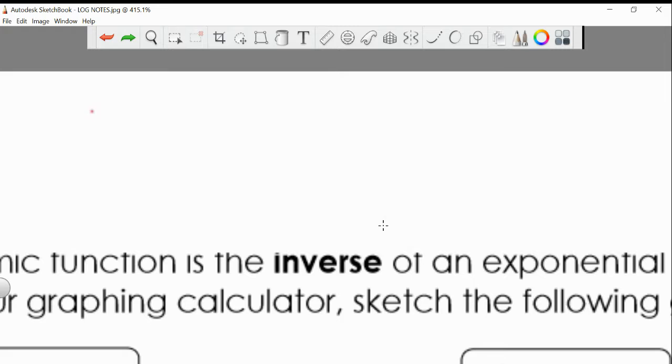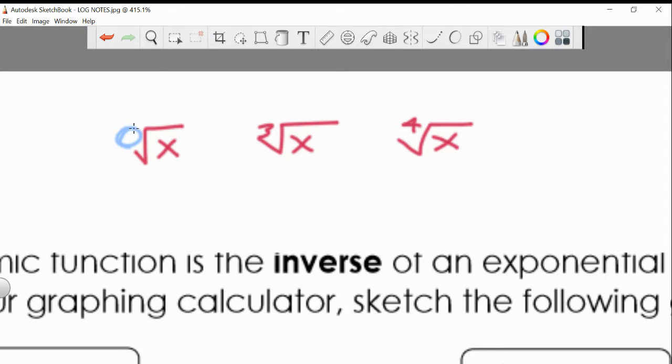So if I write all of my roots here, square root x, cube root x, fourth root x, the square root is weird, and you probably hardly even think about it. But there should be a 2 there that we don't need to write, because if you see a blank one, it just means a square root.